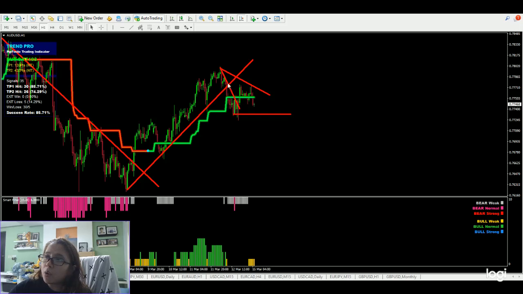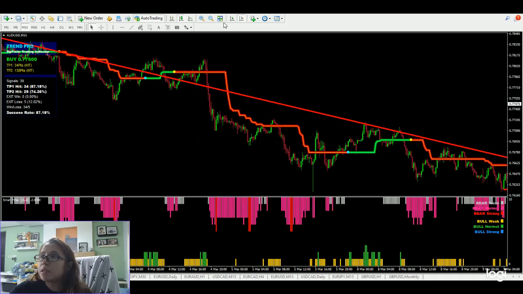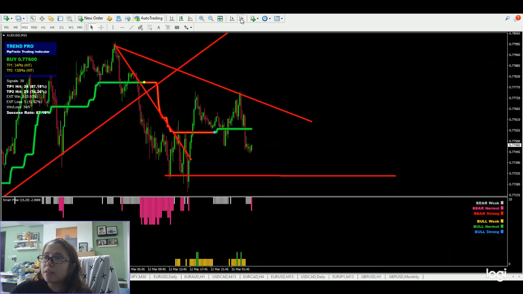So right now, the market has tested that level, that break, and it seems like it has confirmed that break. So therefore, this would continue short term to the downside. If there would be a change in Trend Pro indicator signal in the 15-minute, then I can possibly capitalize in terms of entering a counter trend trade.